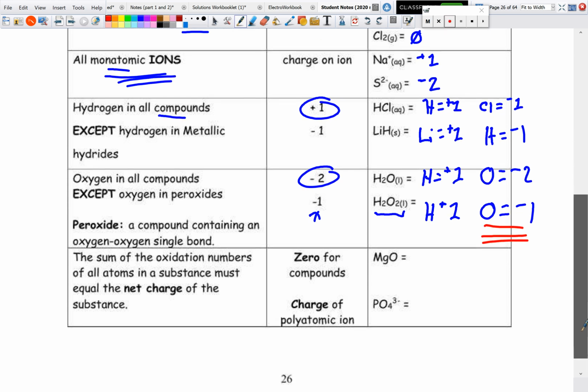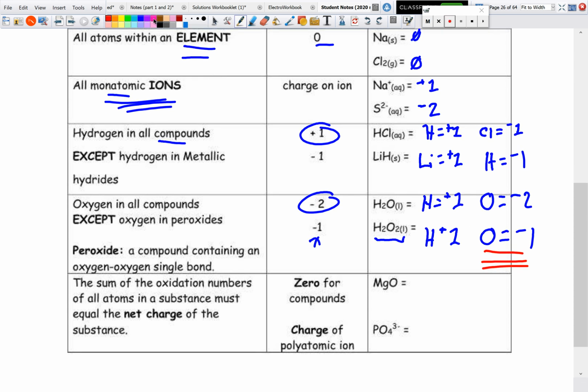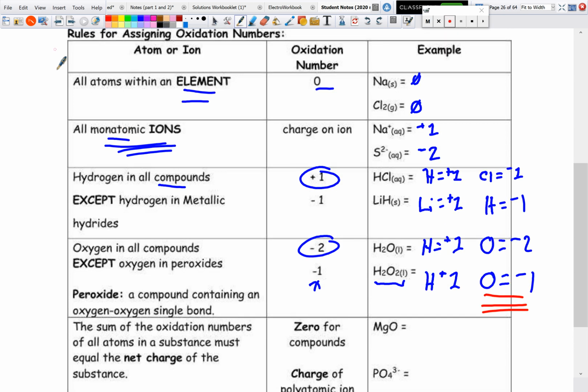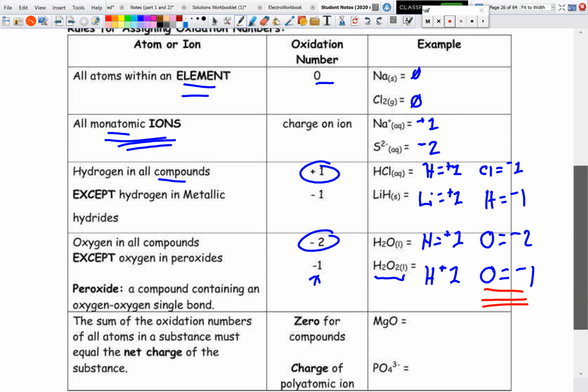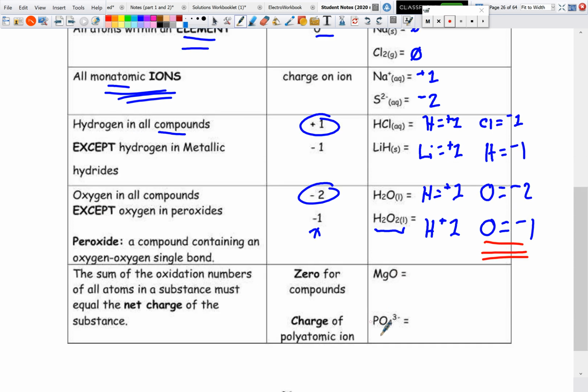Now last but not least, we have a rule for if we have anything other than an element, monatomic ion, hydrogen, or oxygen. For example, when we look at phosphorus inside of this phosphate ion down here, we have no rules for phosphorus. So this is when we're going to use this rule right here. It states that the sum of the oxidation numbers of all atoms is going to equal the net charge of the substance.